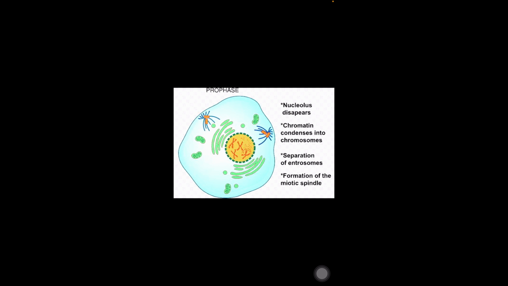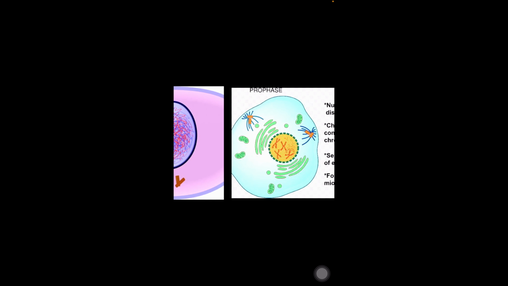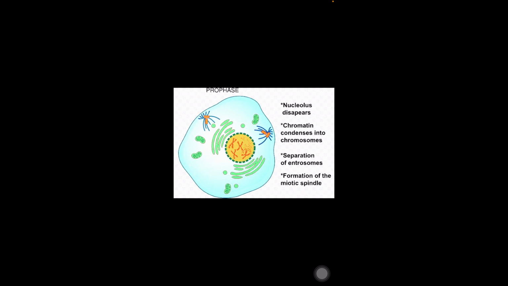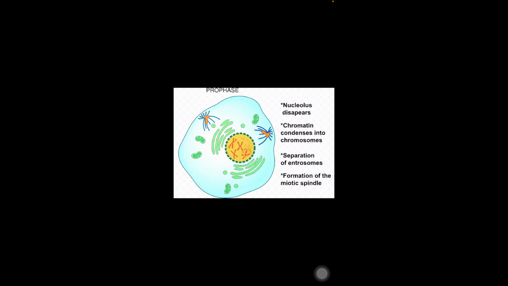Now with the mitosis phase, you have the first one being the prophase. With the prophase, what happens is that the nucleolus disappears. Here, no nucleolus. We used to have a nucleolus here. Now it's totally gone. Chromatin condenses. Now, instead of thread-like DNA, it condenses into real chromosomes.